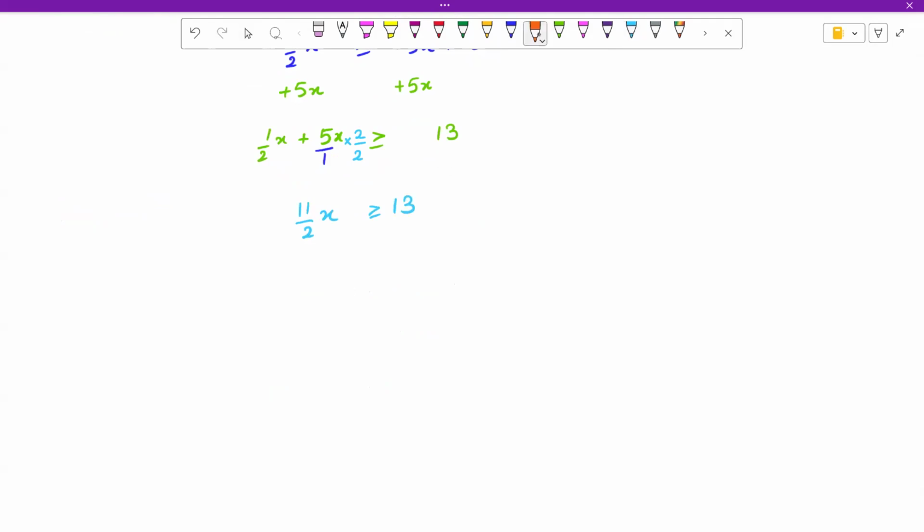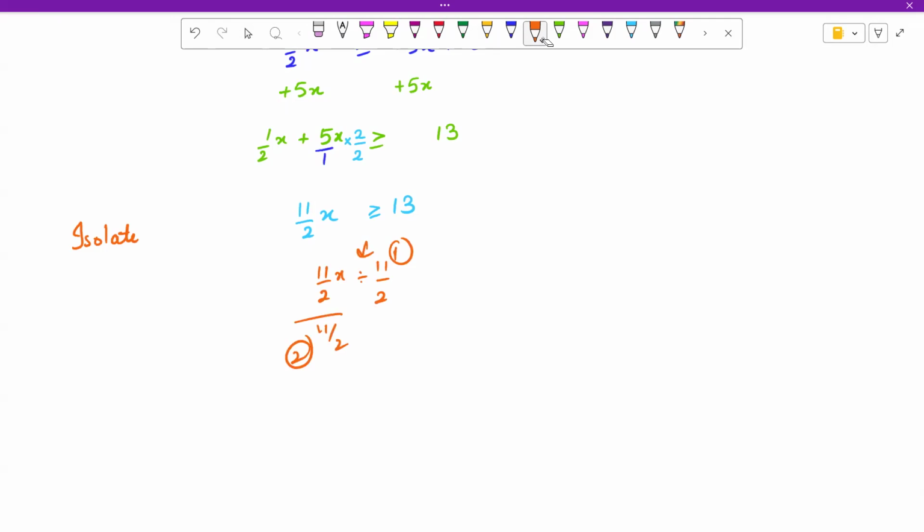Now what? You could do 11 over 2 divided by itself. So we can divide 11 over 2x with 11 over 2, right? Would you prefer this way, with the division symbol, or this other way?